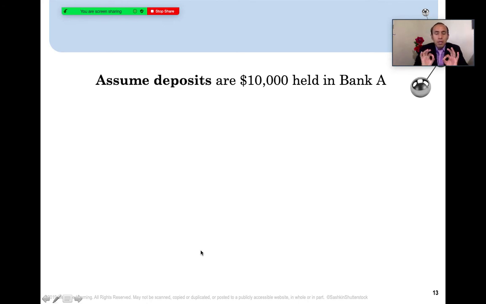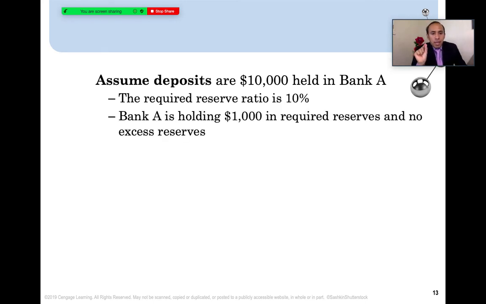So assume that we have $10,000 that are deposited in Bank of A. The required reserve ratio is 10%, and this bank requires 10%. This bank is required to keep 10% of their deposits as reserves for daily withdrawals. So Bank of A will hold $1,000 in required reserves and has no excess reserves.